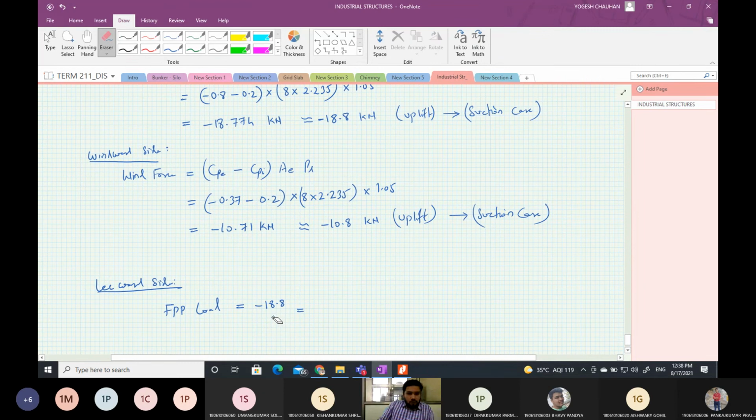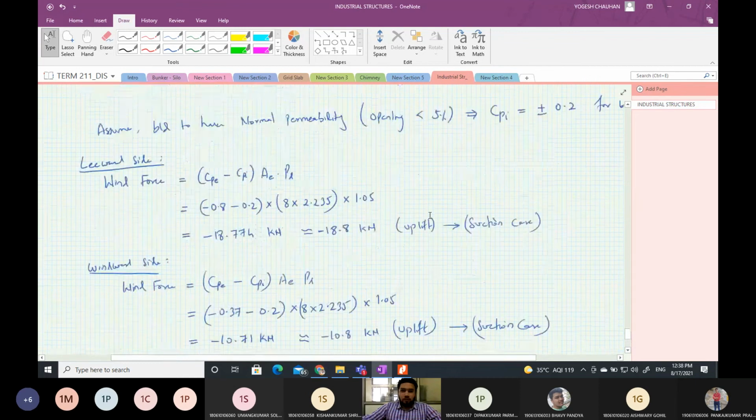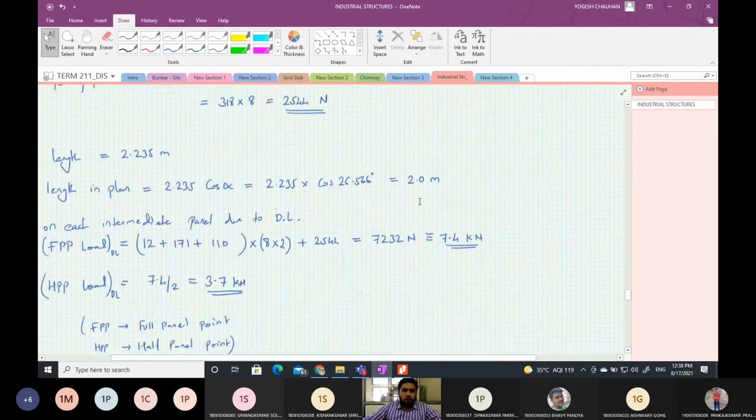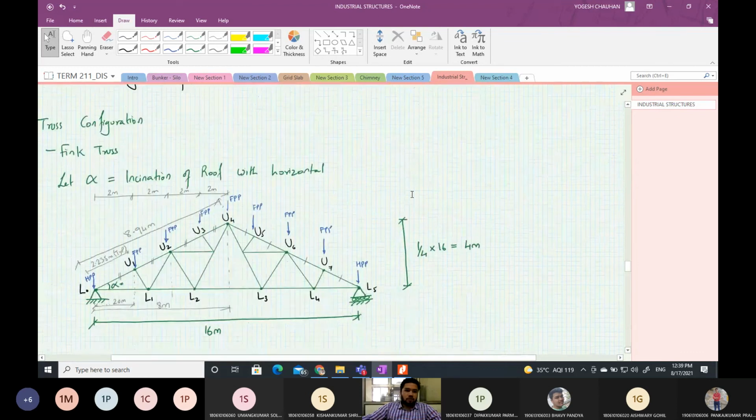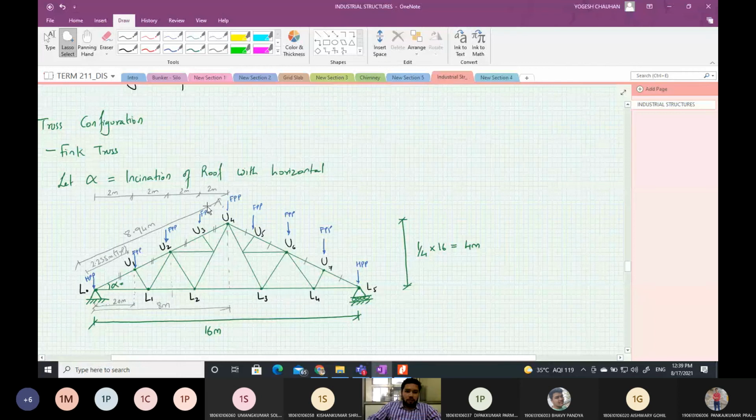Note that this is the full panel point load, 18.8 kilonewton, and the half panel point load will be equal to minus 18.8 by 2, that is minus 9.4 kilonewton. Now note that the wind load is acting normal to the roof. So in case of wind load, you will have different half panel and full panel point loads.